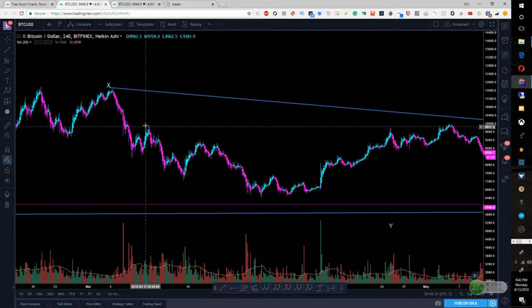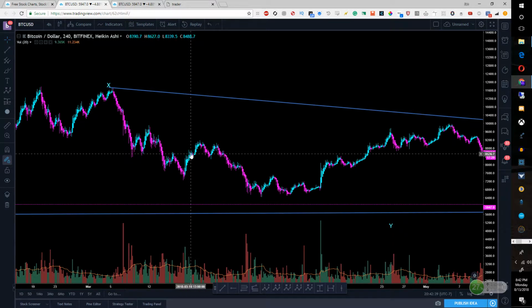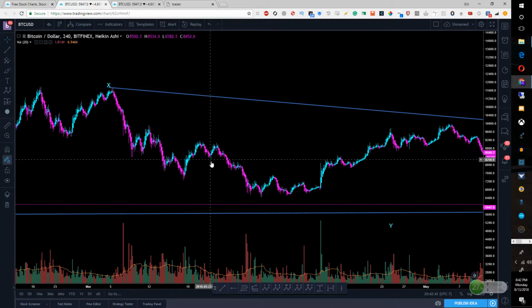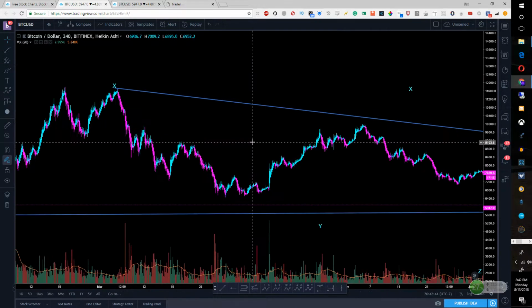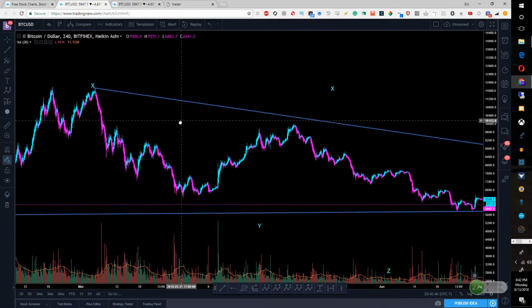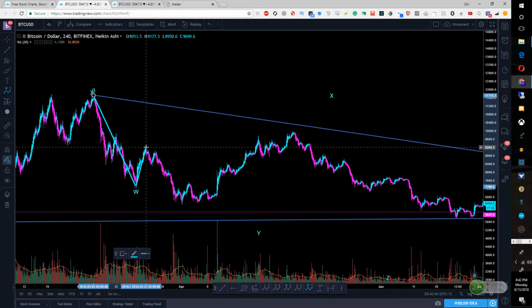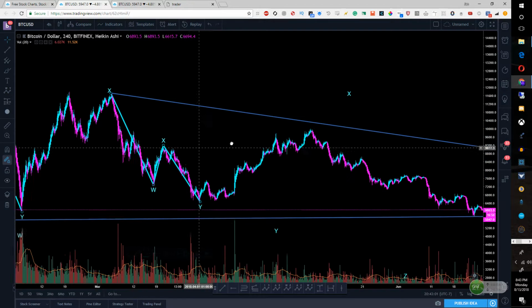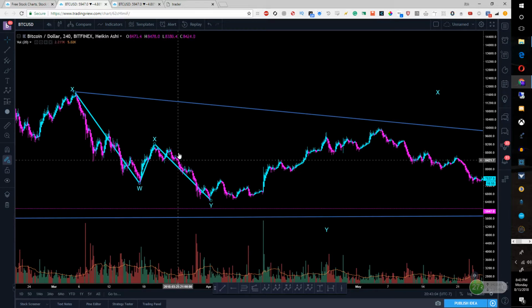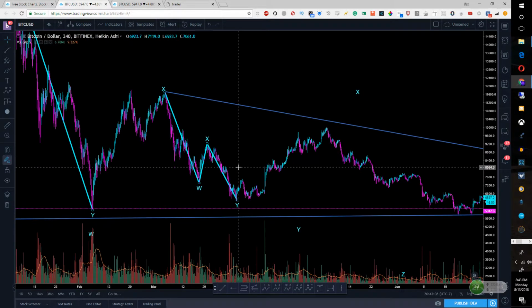We see 3 waves down, 3 waves up, and a possible 5 waves down, which would have to mean that it's a WXY right there, because WXY formations can be 333, 335 kind of. But in that sense I would have to count this as 333, so ABC, because the thing before it was also 3 waves.